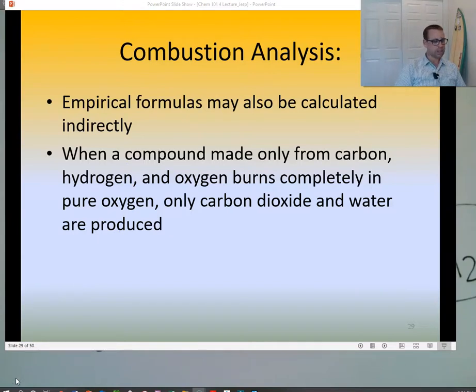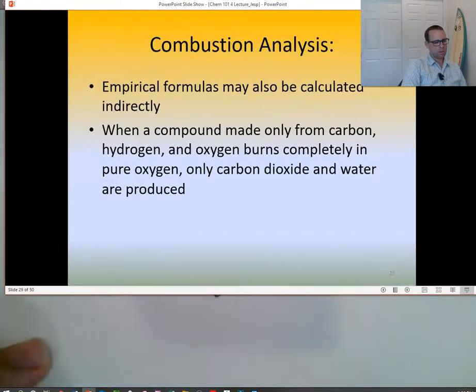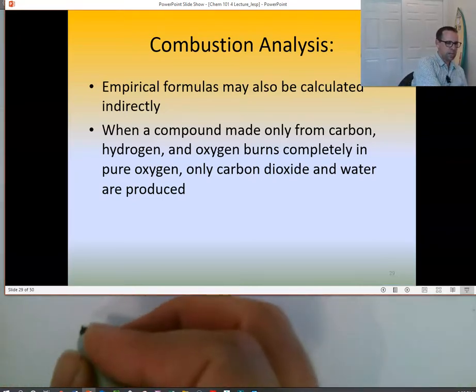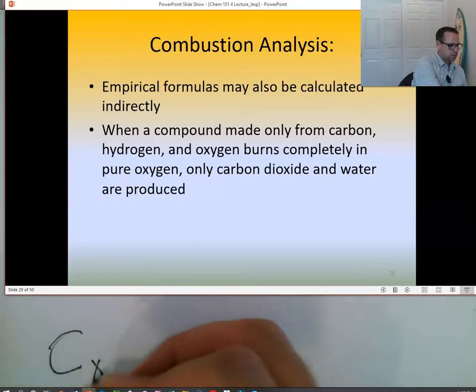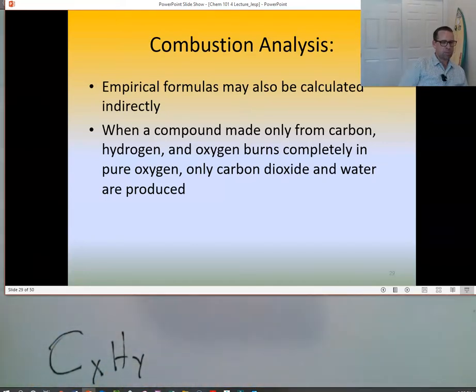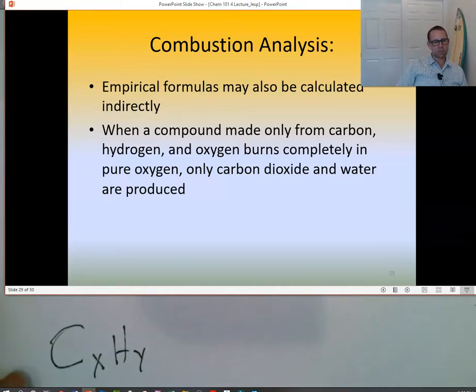Combustion is a fancy word, but it really just means combining something with oxygen. And this something is going to be an organic compound made mostly of carbon, hydrogen, and maybe some oxygen and something else, but generally mostly carbon and hydrogen.